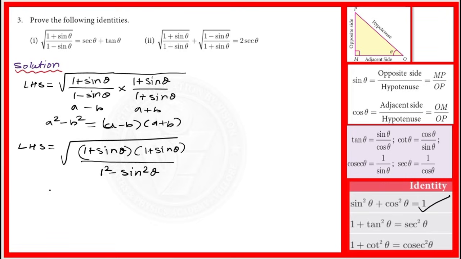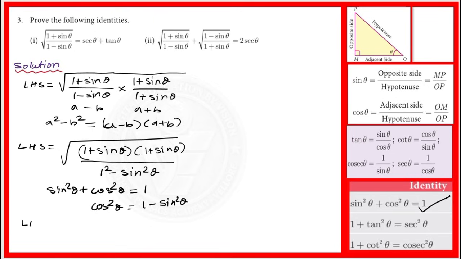We need 1 squared minus sin squared theta, so 1 minus sin squared theta is equal to cos squared theta. Where 1 minus sin squared theta is there, now we are going to substitute cos squared theta.